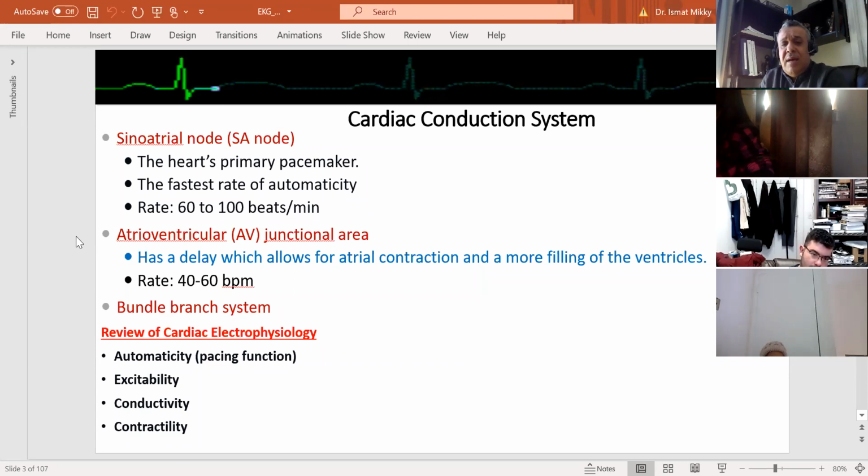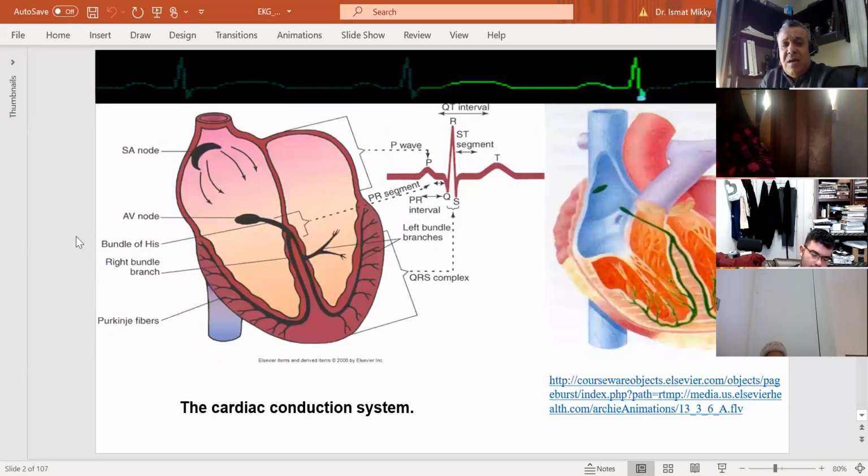Back to the AV node, there is some delay between the SA node and the AV node, a few seconds of delay. That is a natural, normal protective mechanism for the cardiovascular system, because it allows the atria enough time to contract and empty the blood into the ventricles.